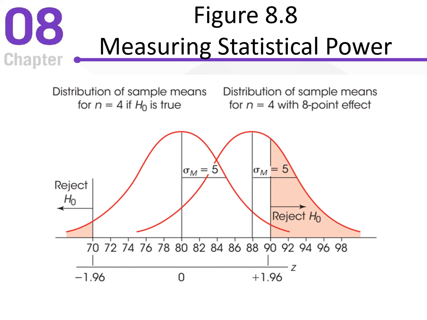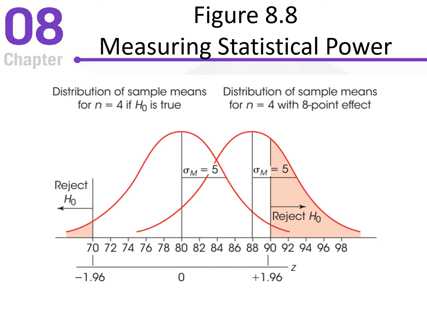So the curves are wider, and they overlap. If the standard error is smaller, the curves become more narrow and they don't overlap as much. And when the curves don't overlap as much, a difference of 8 can show much higher power because the variability is much smaller. If you decrease variability, you increase power.